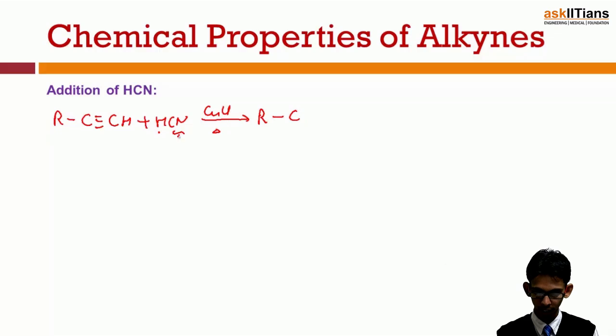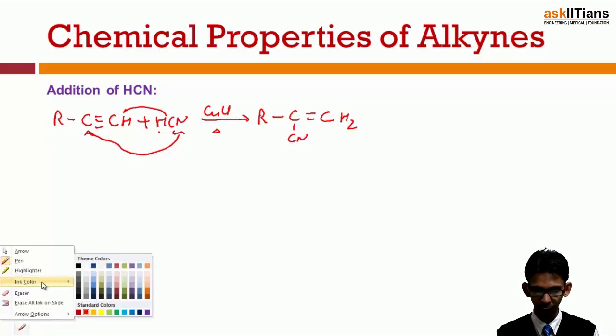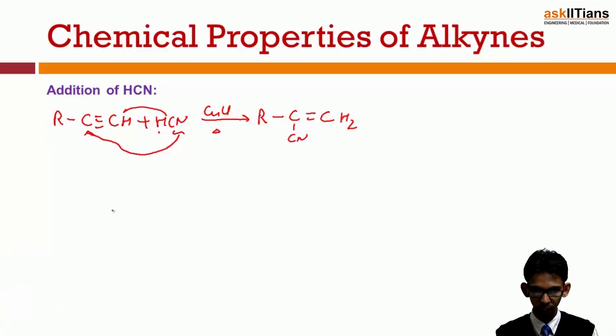The CN part attaches itself to this carbon while hydrogen goes here. We get CN, double bond, CH2, a nitrile. Now another important reaction of alkynes is when they are reacted with, let's say this is a compound.